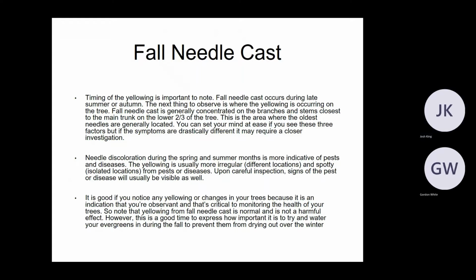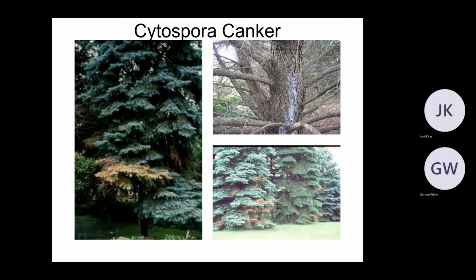Okay. The next one is a very serious disease which can kill a spruce. So cytospora canker usually starts out like a very conspicuous branch that's just dying back.